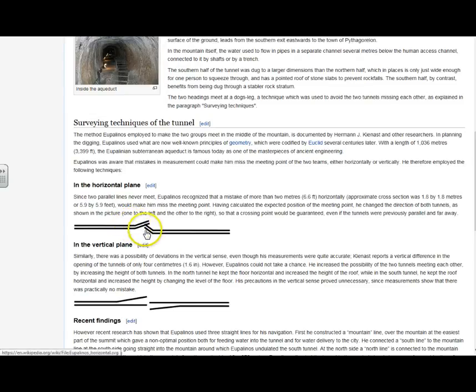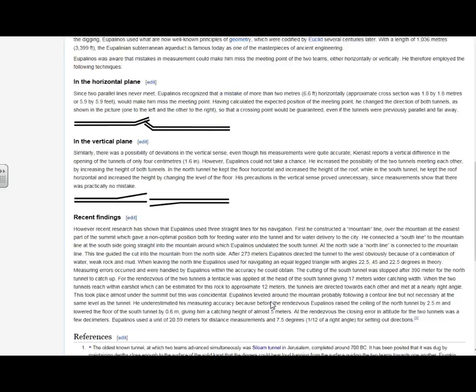And in the vertical plane, the up and down, he raised the roof and lowered the floor on each of the ends to ensure that there was less chance that the teams would miss each other. As it turned out, that wasn't necessary, but the rest of the explanation here is just findings from research that we don't really need to look at for now.